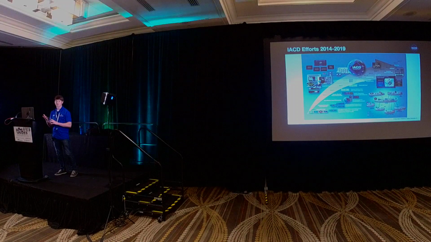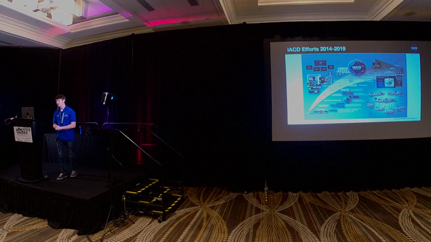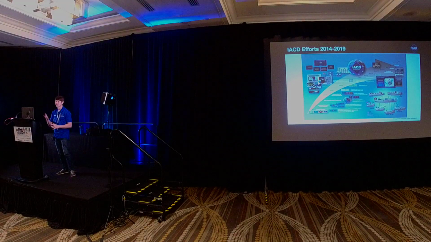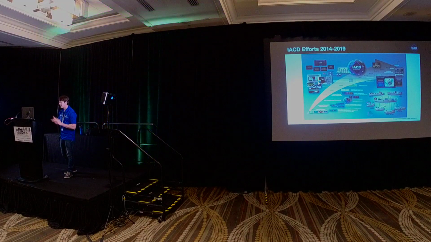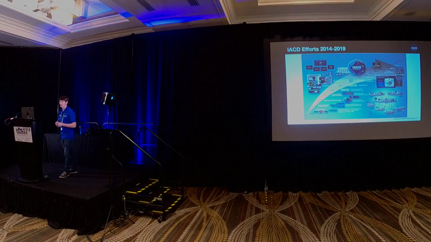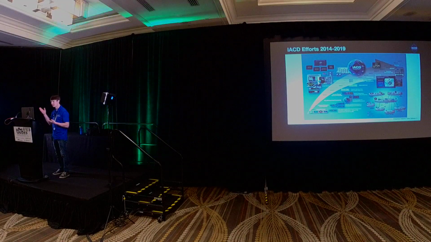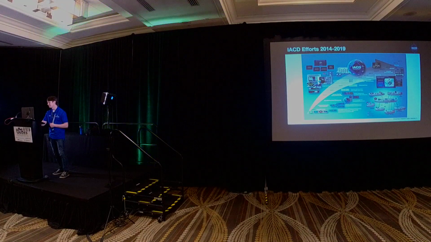We've done information sharing, sharing indicators. Yesterday, someone gave a talk about a pilot that was run on the financial sector. Several banks and credit card companies came together and became IACD and started sharing indicators and automating that effort to help themselves, help each other, and defend their networks more quicker and better.